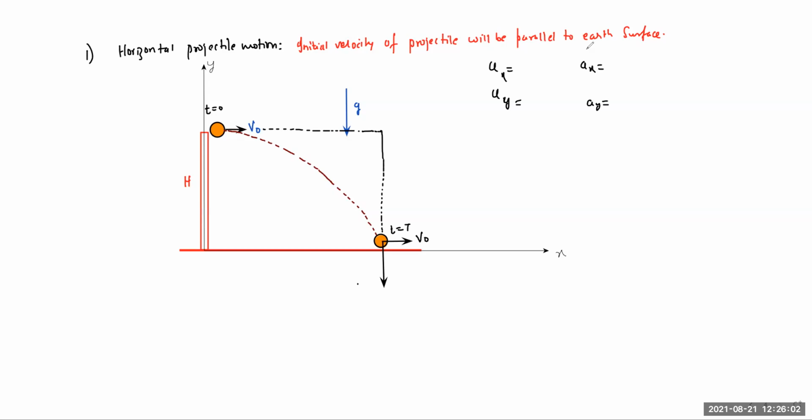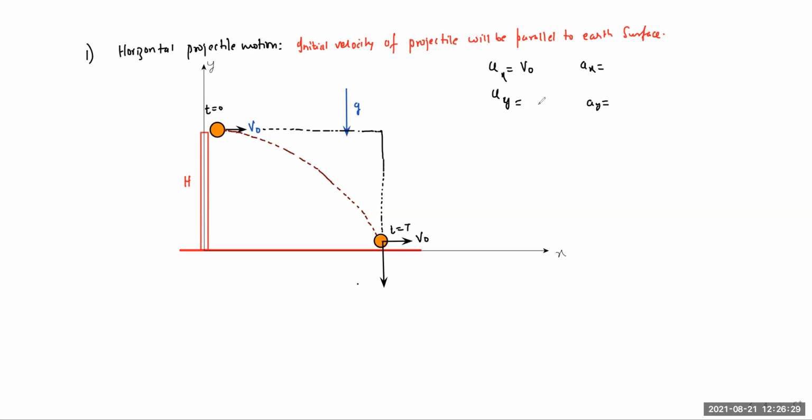Okay. So what is UX here? What is the initial velocity along the x-axis, parallel to the x-axis? 0. It's V naught. Yeah.